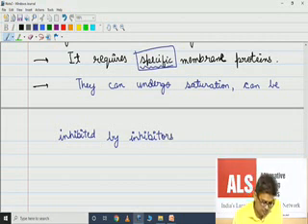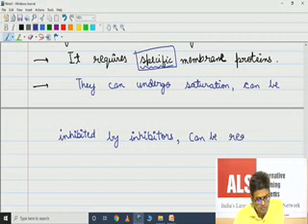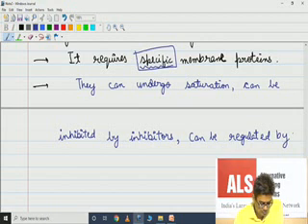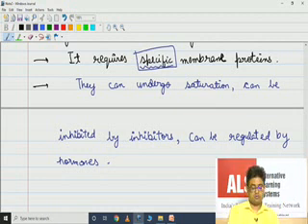They can be regulated by hormones. So this is all about active transport.